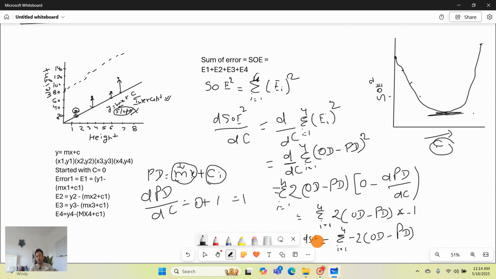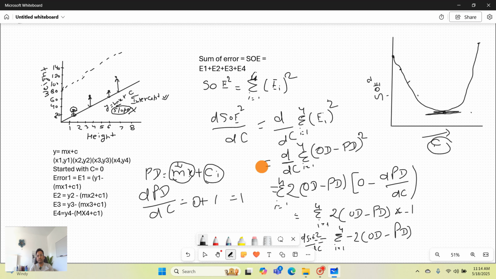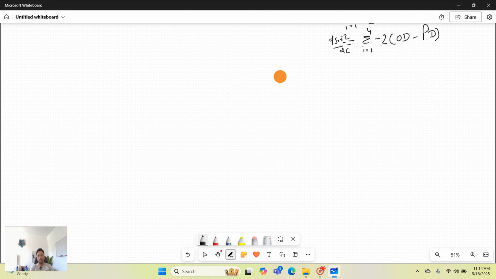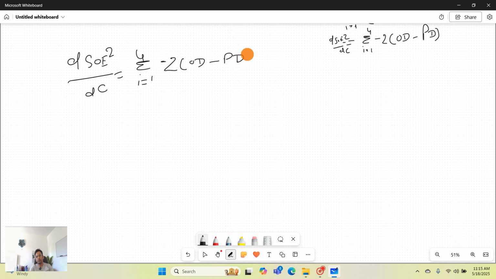Our goal is to reduce this error. So if I move this to a side and keep this equation here to make it cleaner, basically the derivative of the sum of error squared with respect to c is equal to the sum over all observed points, which is 4 in this case, of minus 2 times observed data point minus predicted data point.